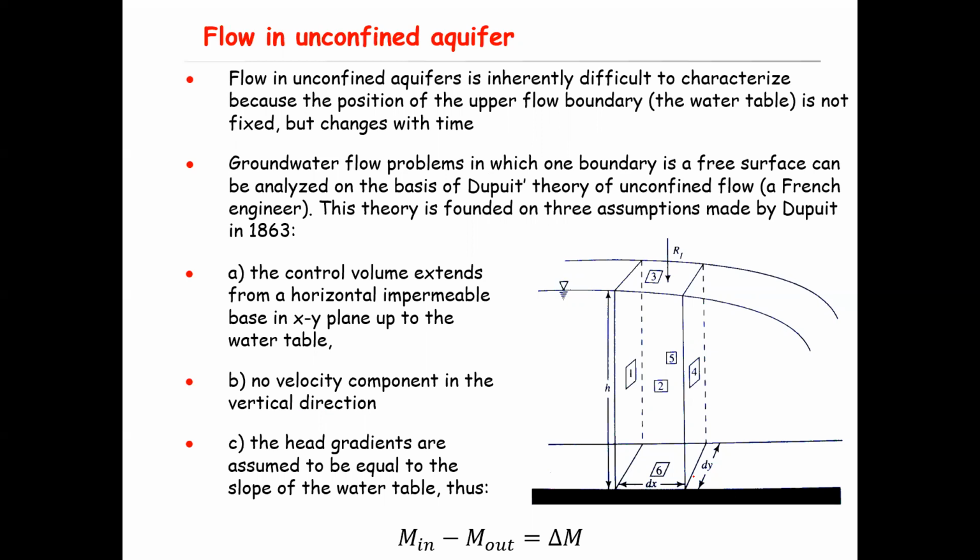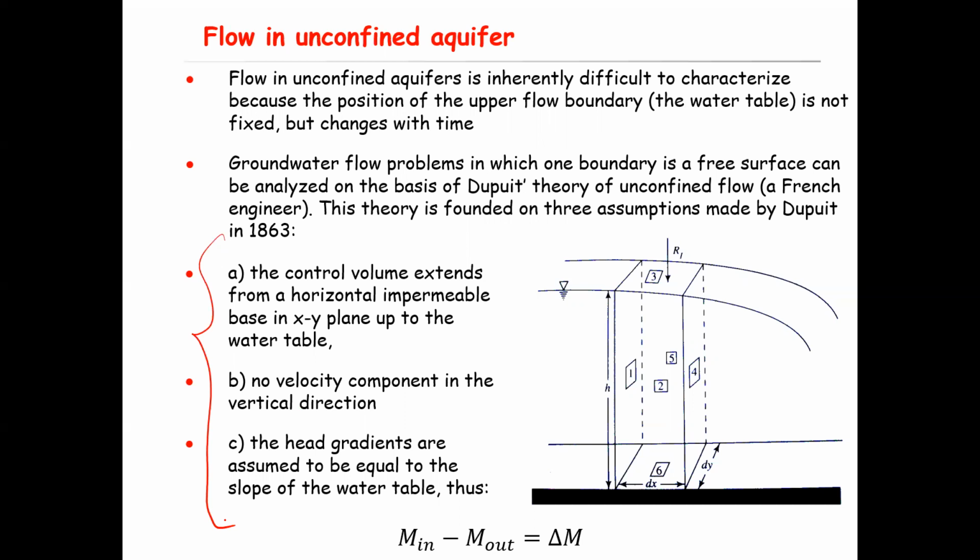Groundwater flow problems in which one boundary is a free surface can be analyzed on the basis of Dupuit theory of unconfined flow, who was a French engineer. He had basically three assumptions, and we will implement these assumptions in our analysis.